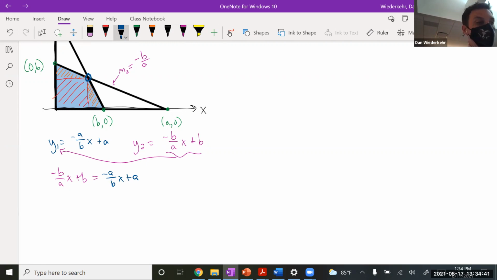Now let's solve that for x, which gets kind of messy. We'll just be kind of clever here. We're going to multiply through both sides by ab to get rid of our denominators. This becomes negative b squared times x plus ab squared equals negative a squared x plus a squared b.